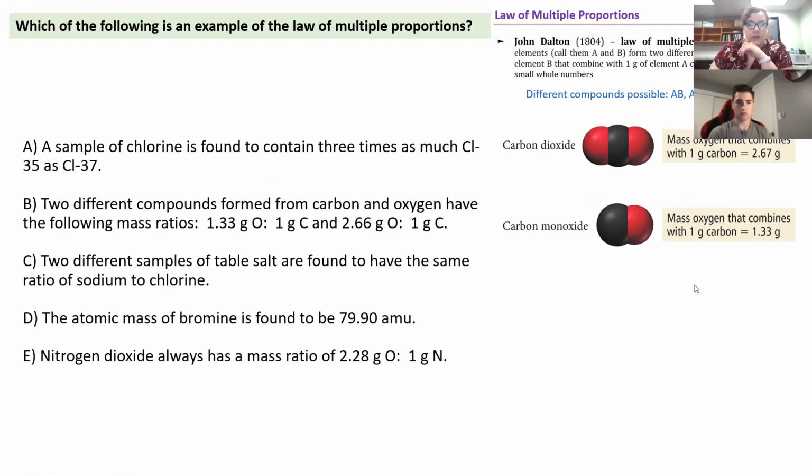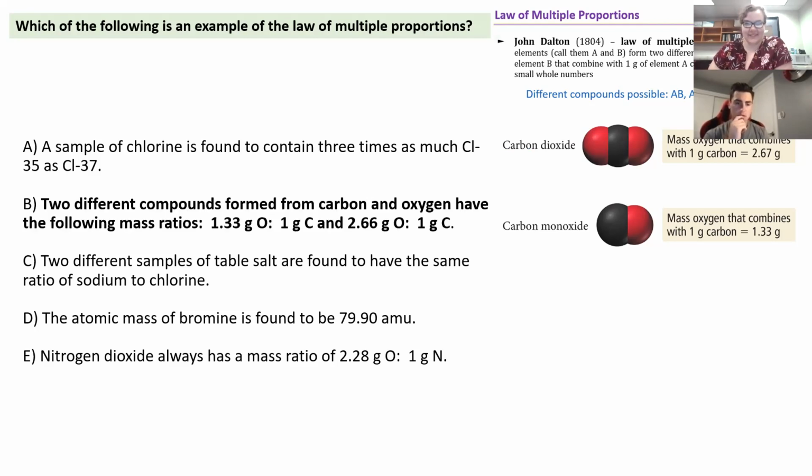So there's a couple of different things here. Which one do you think would be an example of the law of multiple proportions? B. Very good. So it has to be a whole number, and it can be just a whole of one element and the other element, and then carbon that could be whatever amount.